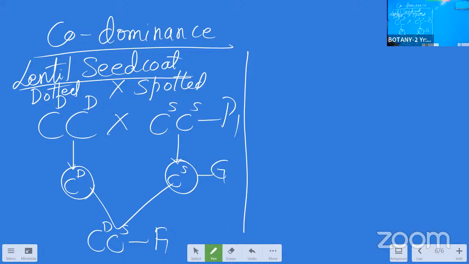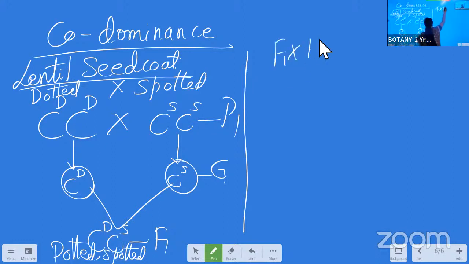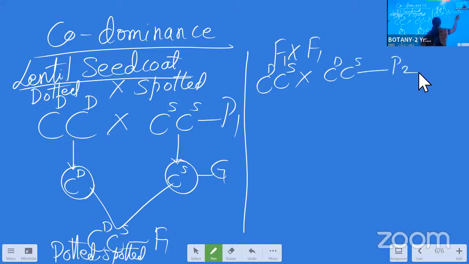Both the characters are expressed now. That is dotted, spotted. Okay. Now, F1 should be crossed with F1, selfing. CD CS is crossed with CD CS. These are the second parents.